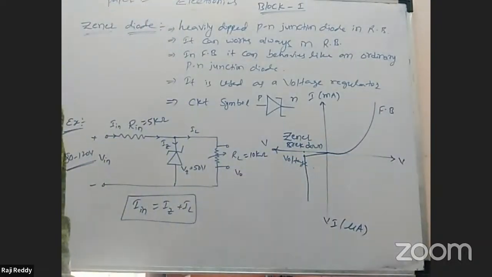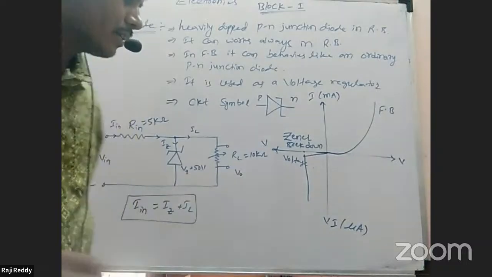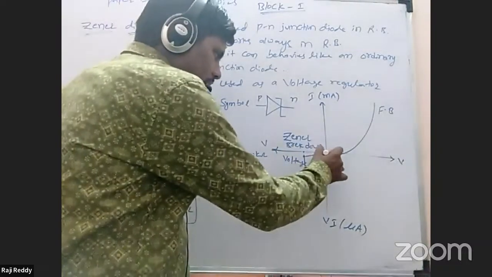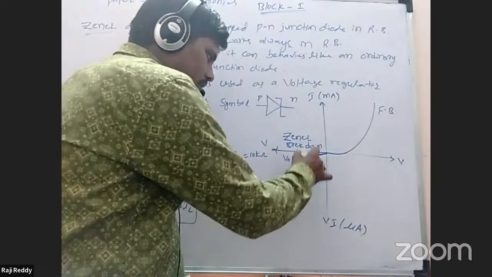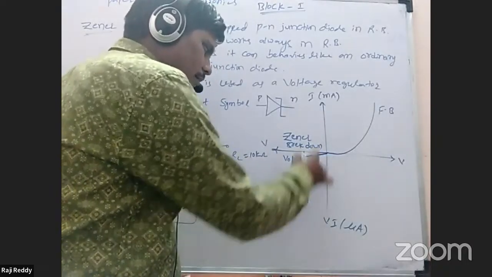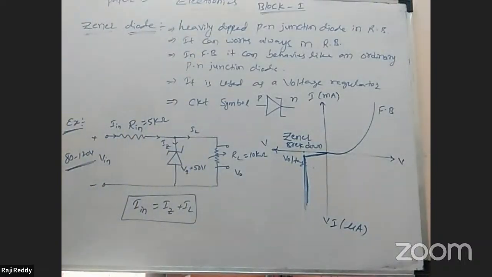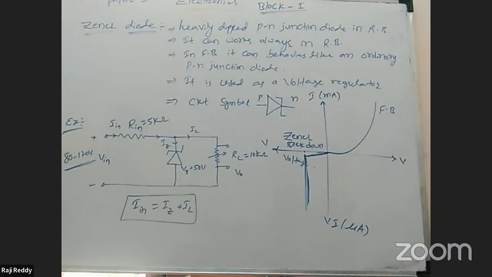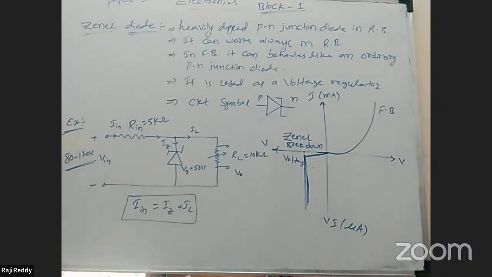Next, in reverse bias, the voltage suddenly breaks down or drops. The voltage at which the current suddenly breaks is called the Zener voltage, the Zener breakdown voltage.